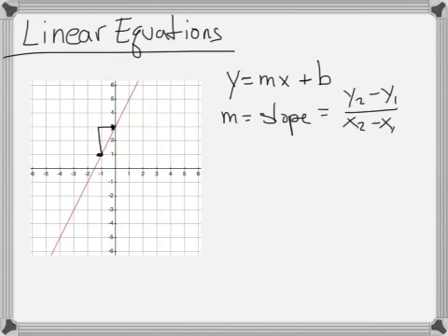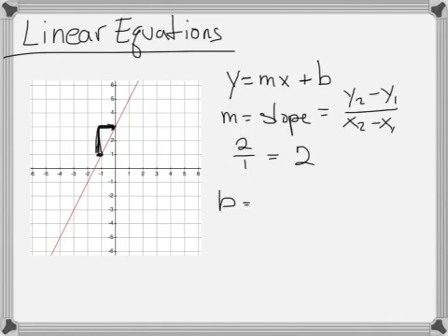In this case, if you were to look at this function, we have a rise of positive 2 and a run of positive 1, which means our slope in this case is equal to 2. The second thing you need to figure out the equation of a line in slope-intercept form is obviously the y-intercept. That's the b.